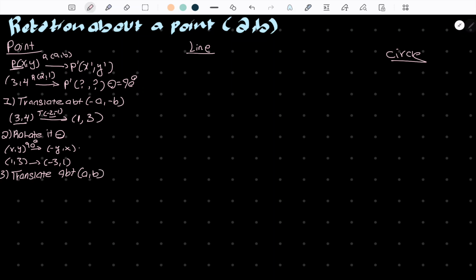Okay, so in this case, we're just going to add -3 comma 1 to the first point that we were given, which is right here, 2 comma 1, and then -3 plus 2 is -1, and 1 plus 1 is 2. So this is gonna be our final point right here.